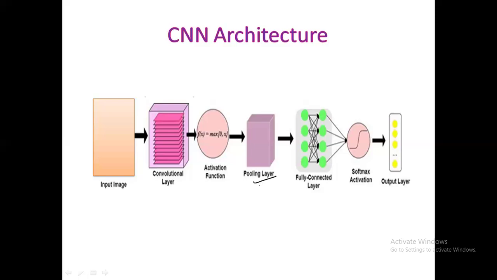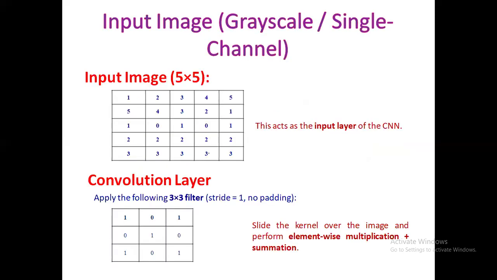After several convolutional and pooling stages, the resulting high level features are flattened and fed to a fully connected layer, which combines the features and learns complex nonlinear relationships. In the final stage, the output, that is the softmax layer, converts the learned values into probabilities for each class, allowing the network to make the final decision or classification. This is what the CNN architecture is about.